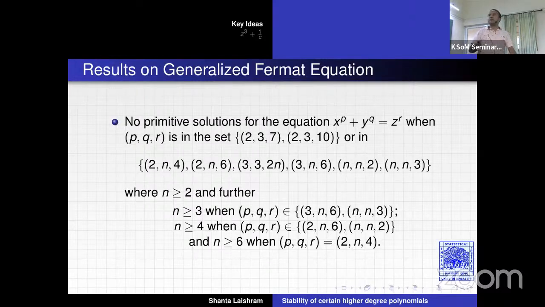When (p,q,r) is in a set, like either (2,3,7), or (2,3,10), or in this given set like x^2 plus y^n equals z^4, or x^n plus y^n equals z^3, and a few more like n bigger than 3, (p,q,r) equals (3,3,n). In these kinds of families, we know that the equation has no primitive solution.